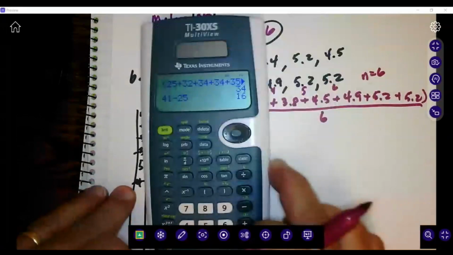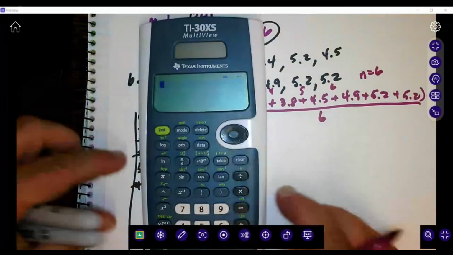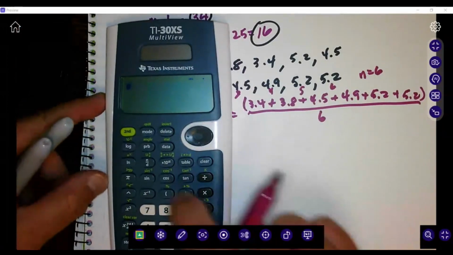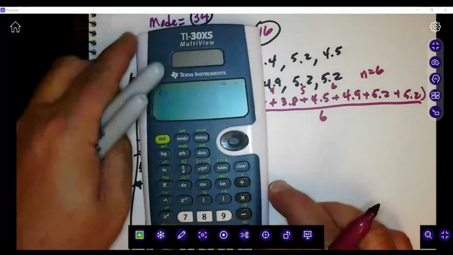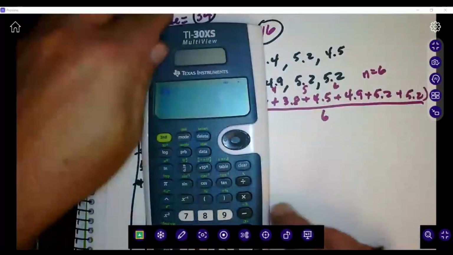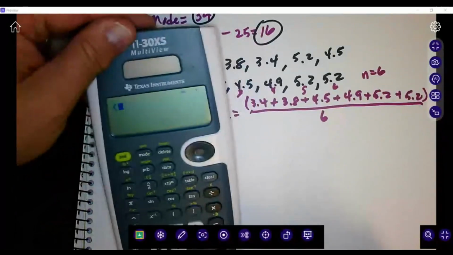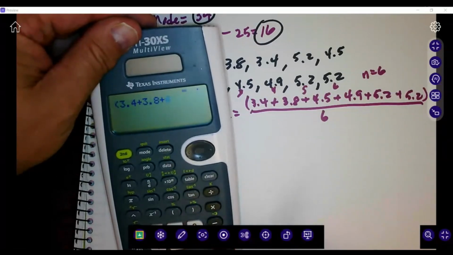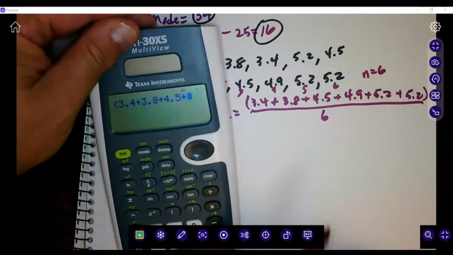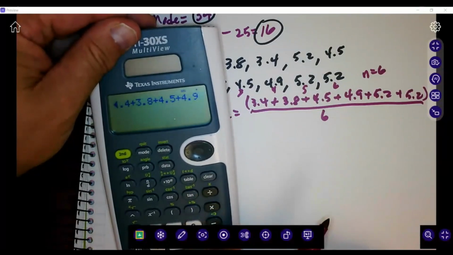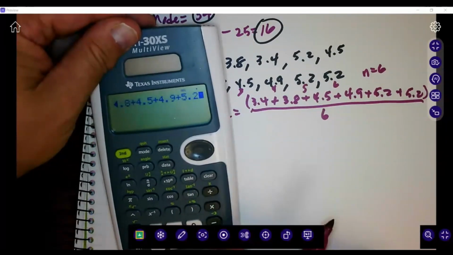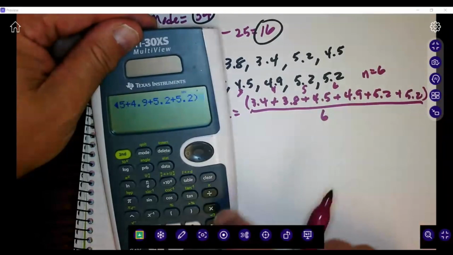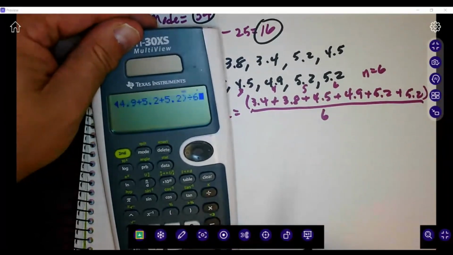So on my calculator, clear that out. I'm going to punch in parentheses. This way we can see it a little better. Parentheses 3.4 plus 3.8 plus 4.5 plus 4.9 plus 5.2 plus 5.2 close parentheses divided by 6.